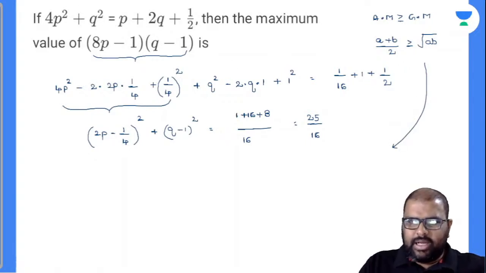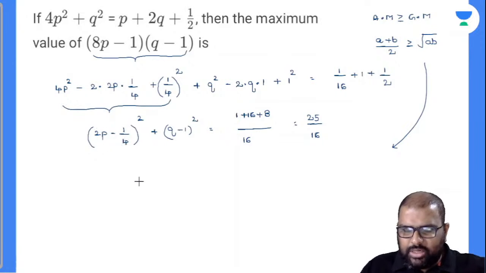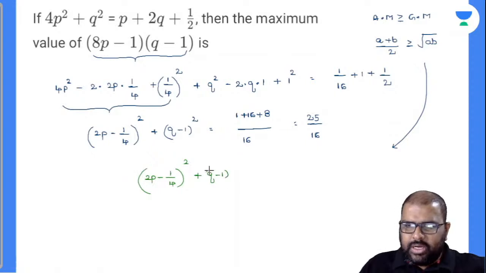Observe here. I'll write it down. So what is the A value? I will take this as 2p minus 1 by 4 whole square, plus the B value is q minus 1 whole square divided by 2.